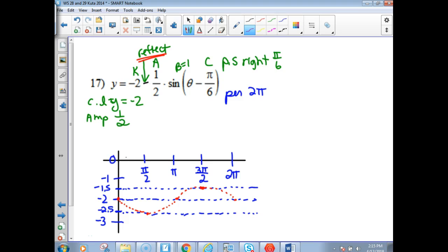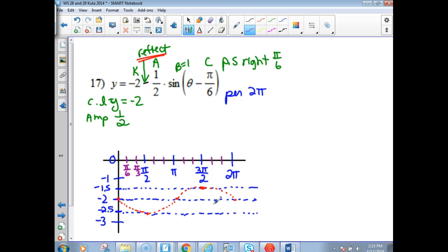So actually I need 2 marks in here. The first one's 1 pi over 6, and the second one is 2 pi over 6, which is pi over 3. And then I need to split every one of these up like that into thirds. So I need 2 marks between my regular marks.